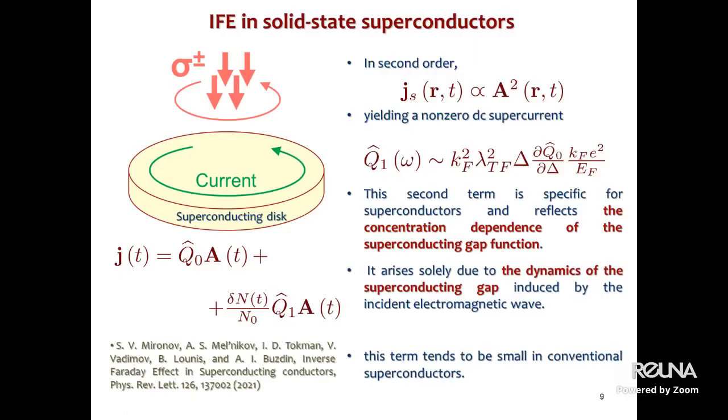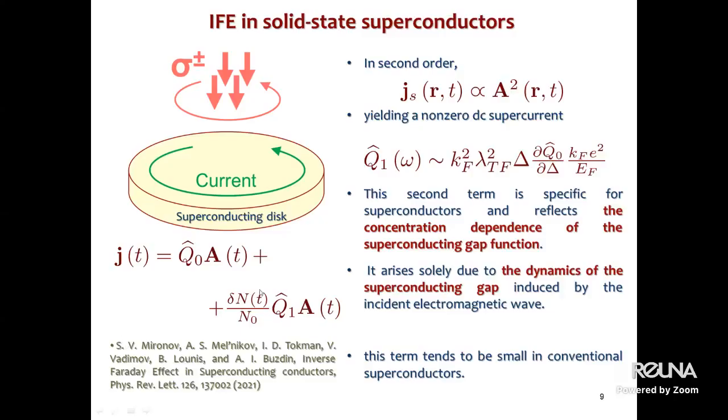They found in this paper that the second contribution of the inverse Faraday effect in superconductors is identified as a second-order nonlinear correction to the relation between the current and the vector potential. This second term is specific for superconductors only and reflects the concentration dependence.